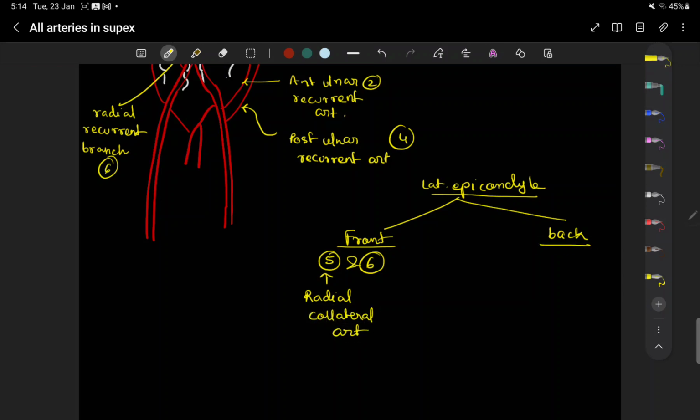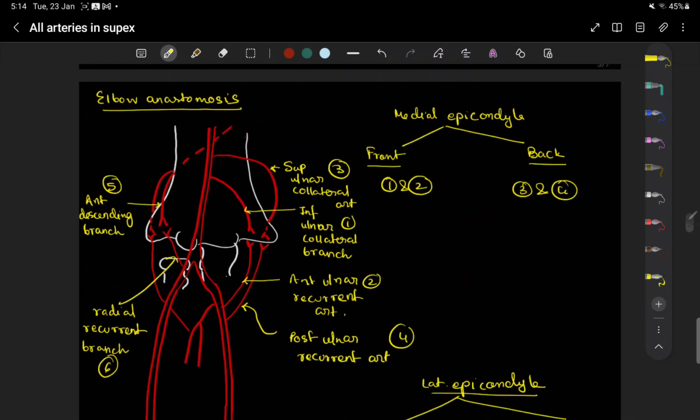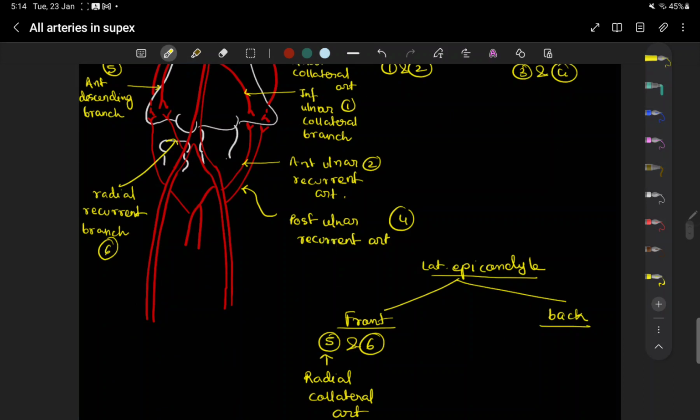Okay, and the back side we would have two arteries. One is this one, that is the posterior descending branch, which we can say as the sixth one, and this artery, that is the interosseous recurrent artery.